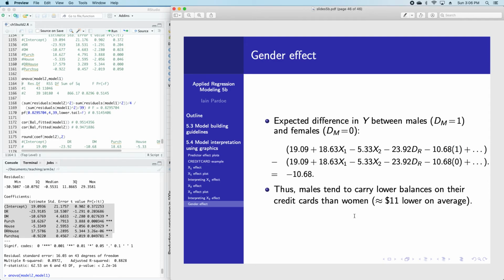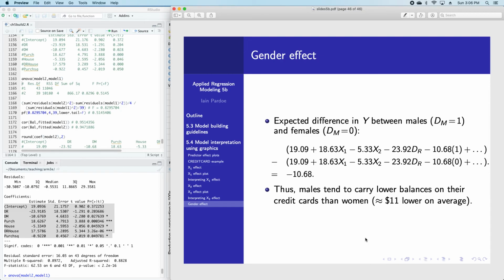So what does that mean? Well, remember, males are D1 equal 1, females are D1 equals 0. So this is negative 10.68. In other words, males tend to carry lower balances on their credit cards than women. In this sample, I'm not saying in general, but just in this sample, by about $11 on average.